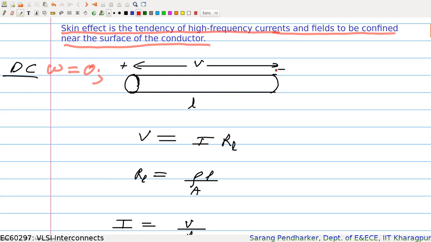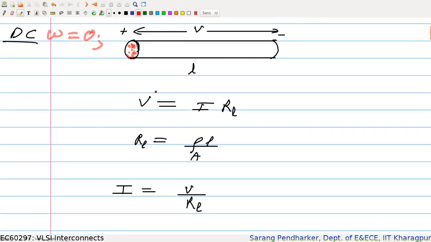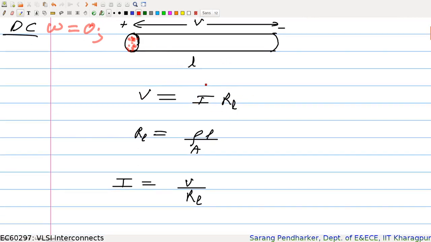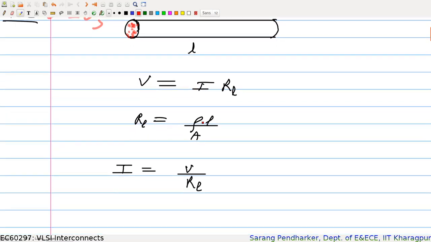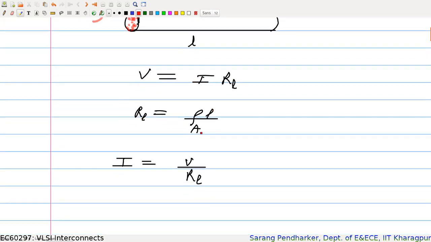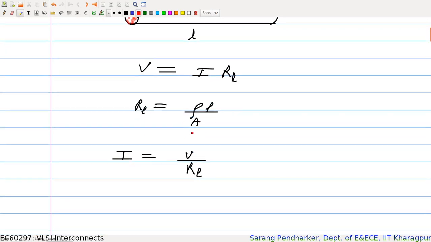When I say a voltage is applied, what I would assume is that the entire cross section here has the same voltage. So on this section the voltage is the same. So we have a simple equation: V is equal to I into RL. RL is the resistance of this interconnect, and that is given by RL is equal to rho L by A, where A is the cross sectional area.